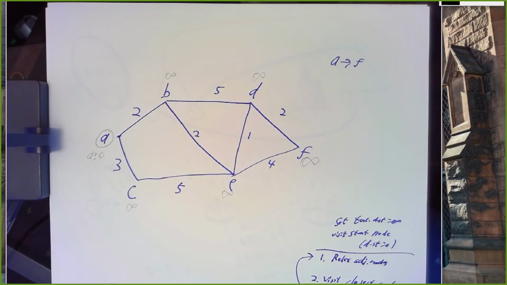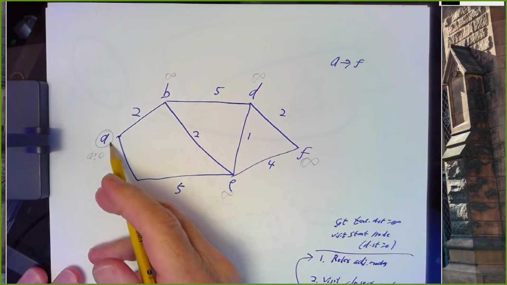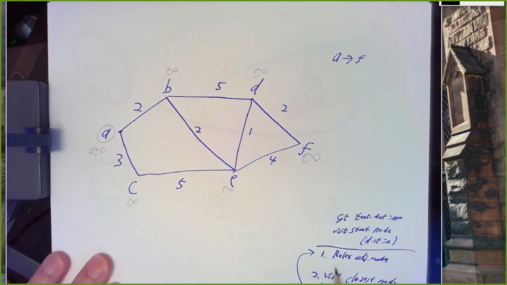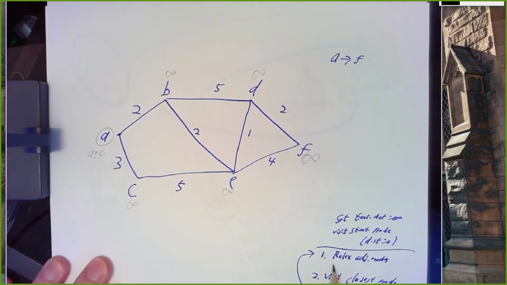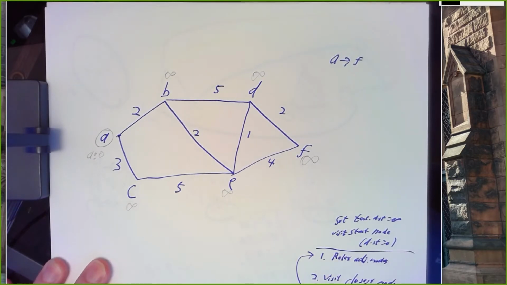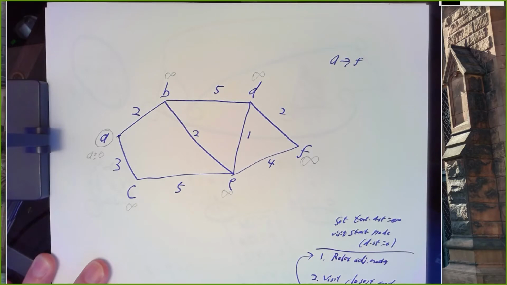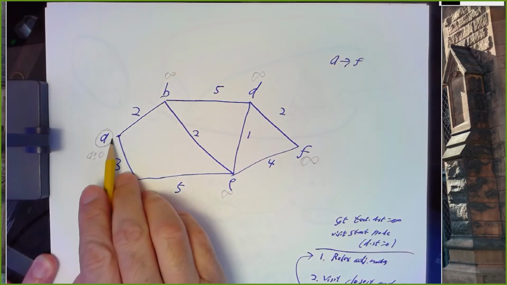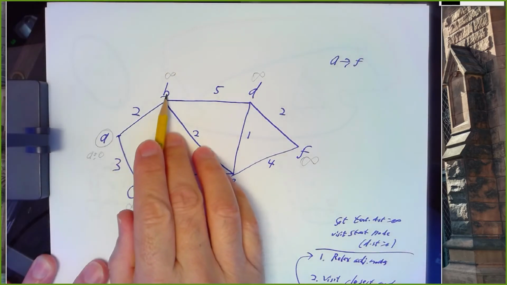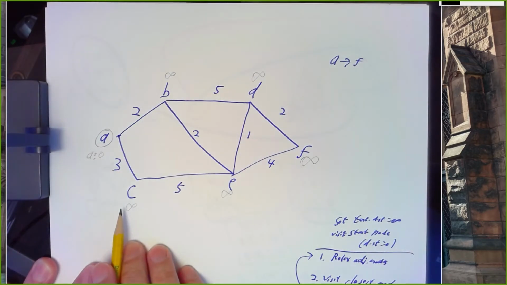All right, so we start off by visiting the node we're beginning from. So our first step of this procedure is to relax adjacent nodes. Adjacent to what? Adjacent to the node that we are now visiting. Okay, so we're visiting this node here, so we're going to relax the distances to any nodes directly connected to A.